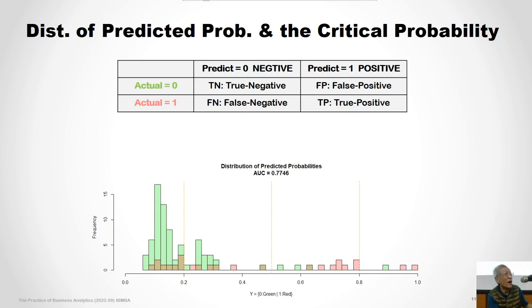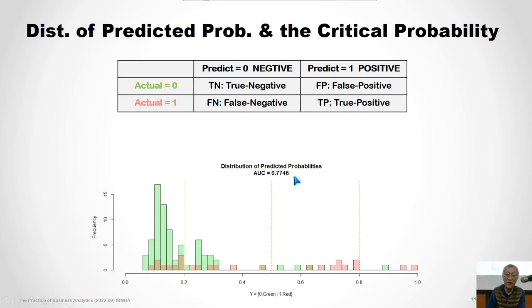So you know the actual value of y, and the actual value of y is not a probability. It can only be 0 or 1. However, your prediction is a value.